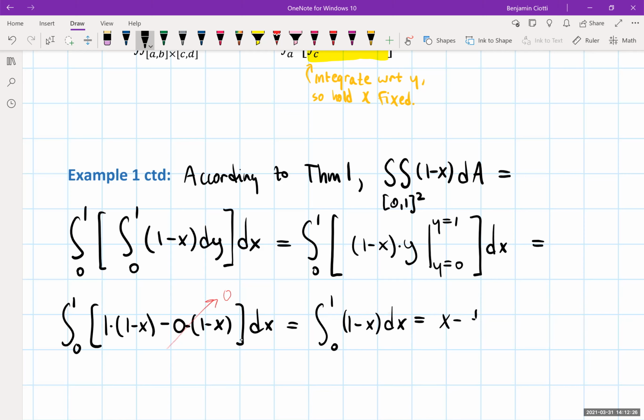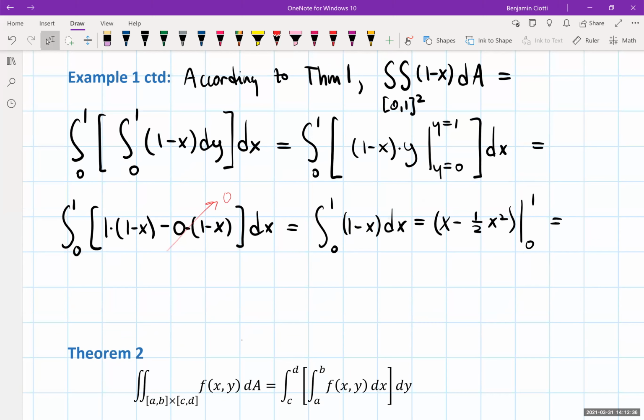That's x minus 1/2 x squared from x equals 0 to 1, which is 1 minus 1/2 minus 0, which is just 1/2. Cool. So that answers that.